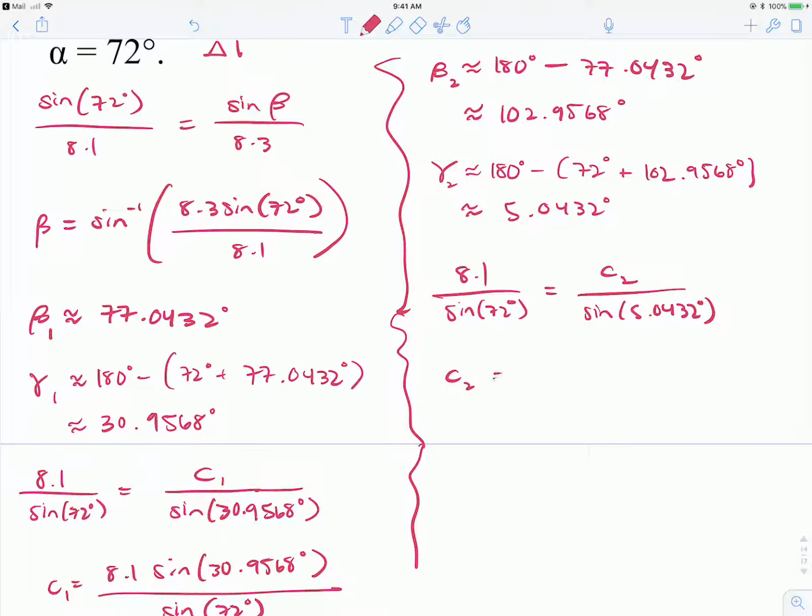C sub 2 will be equal to 8.1 times sine of 5.0432 degrees over sine of 72 degrees. I feel like I did something wrong in that first triangle. That side doesn't seem right.